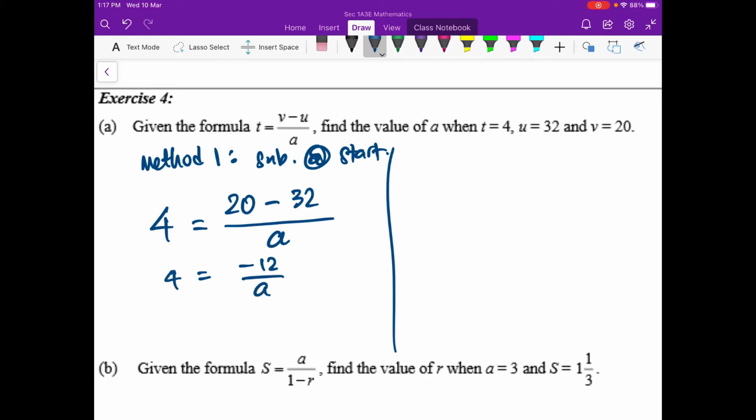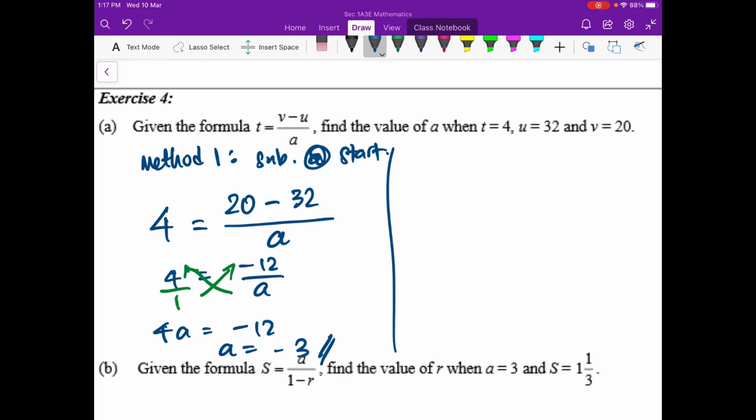So you can multiply by a on both sides, then you divide by 4 on both sides. Alternatively, if you stick with the method that I've been using for quite some time, change it into a fraction, multiply both sides. 4a equals negative 12. A is negative 3. So that is the first method, which is to do the substitution right at the start.